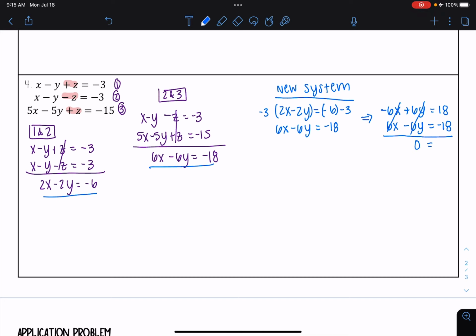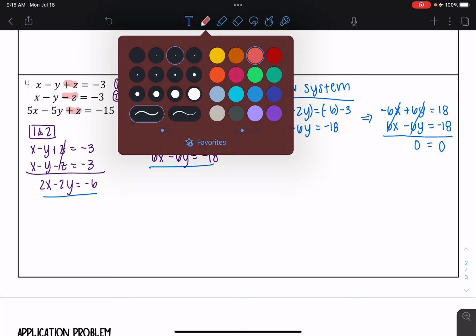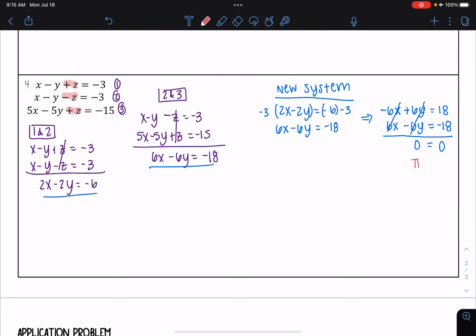And then 18 minus 18 is also 0. So here I end up getting a true statement. 0 does in fact equal 0. So since I get that true statement, this is going to be infinitely many solutions, just like what we saw when we were solving linear systems.